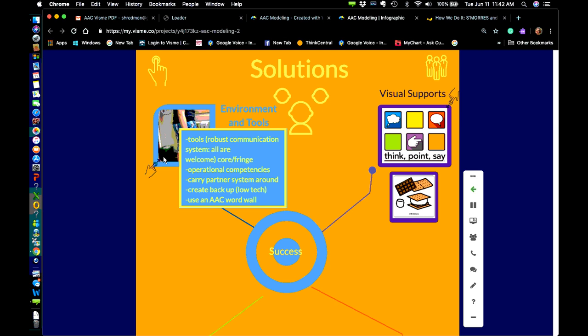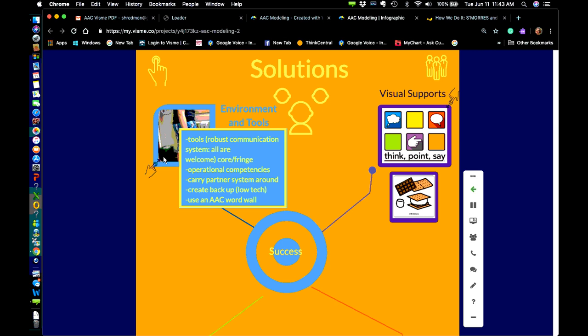We need to find this approach, I call it a balanced AAC approach, right? So making sure we have a robust communication system, we do have to have some of these tools set up and ready to go in order to model. Most people are finding it way easier to model AAC language if they have their partner communication system. So it may mean a second iPad with the app on.